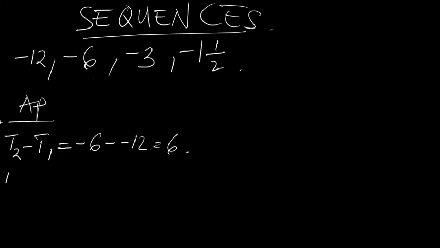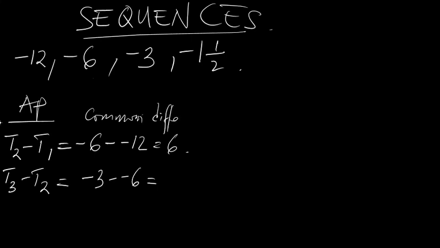Now the third term minus the second term will give us what? Minus 3 minus minus 6. So we're looking at the common difference. Is there any common difference, which is the arithmetic progression? So now what we have is plus 3.